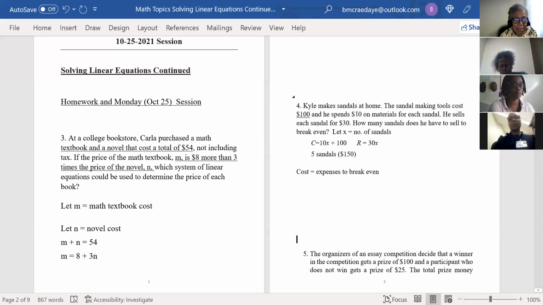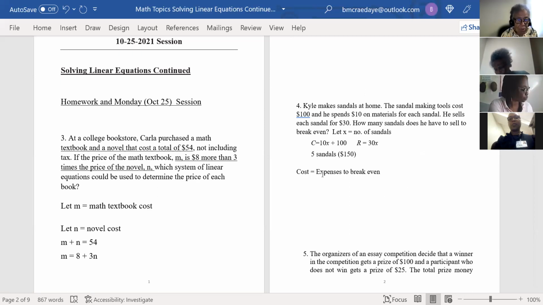The $10 on each sandal is a variable cost depending upon the number of sandals, X. He sells them for $30. Now we want to find how many sandals does he have to sell to break even. To break even, his cost must be equal to his revenue.